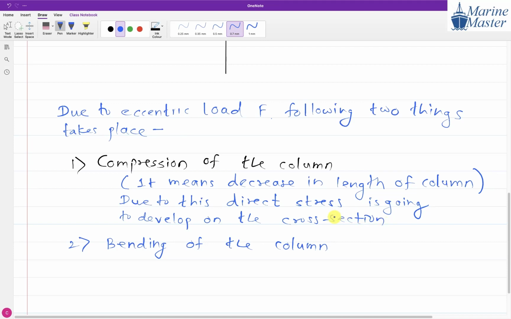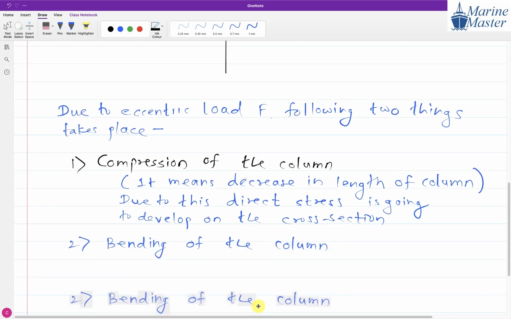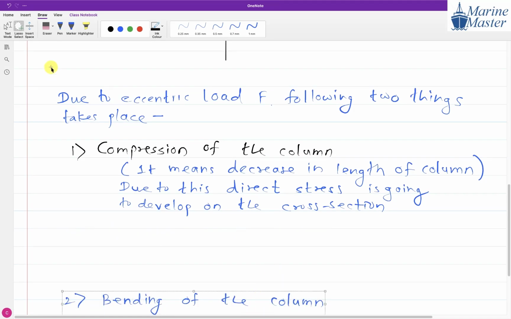Guys, remember, stresses always act on the cross section.